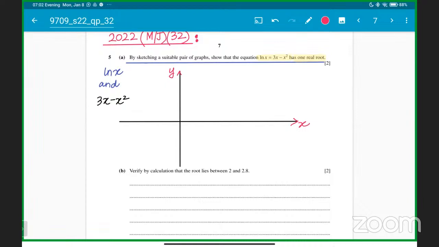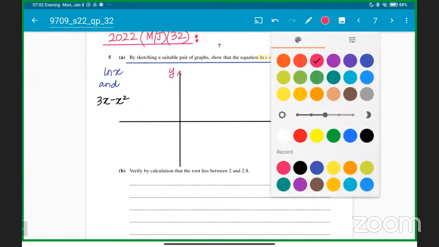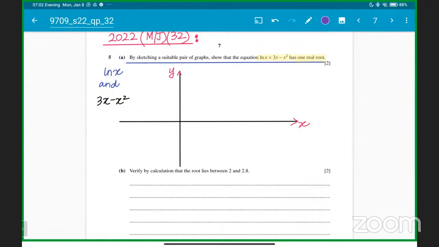Following clear on this? So students need to understand how we draw the ln x graph. For the ln x graph, you just have to take the x and y intercepts, okay? We already know the line x equals 0 is an asymptote for the graph of ln x.